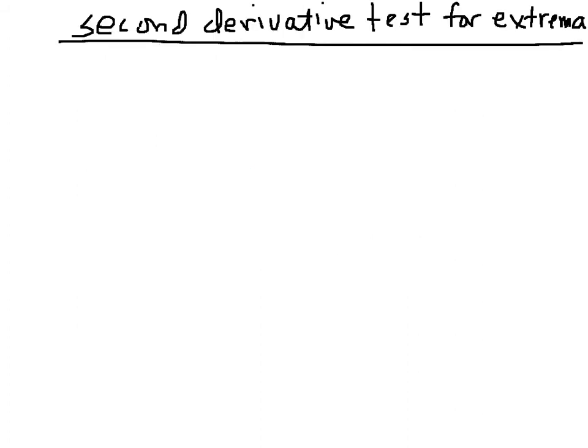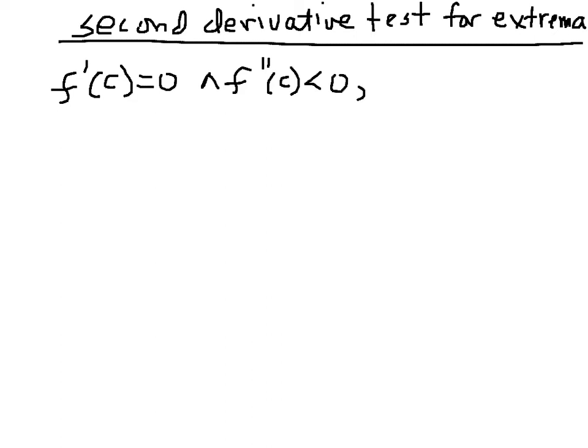So let's summarize on this new idea, and this is called the second derivative test for extrema. It simply says this: if the first derivative at a point c is equal to 0, and if the second derivative is negative, now remember that means that we're concave down, then we have a max at x equals c.